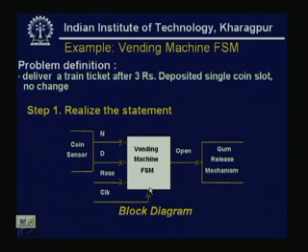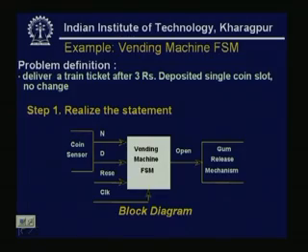Now, we take one very popular and very common example of machine design, and that is called a vending machine FSM. The first step is the problem specification. The problem is that we have to design a circuit that delivers a train ticket after ₹3 is deposited, as a single coin slot and no change.